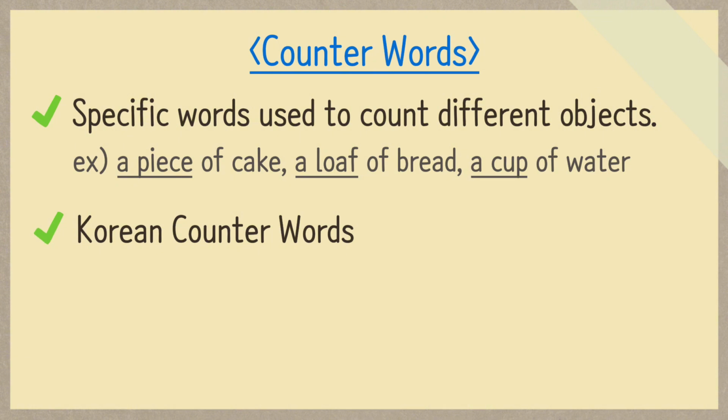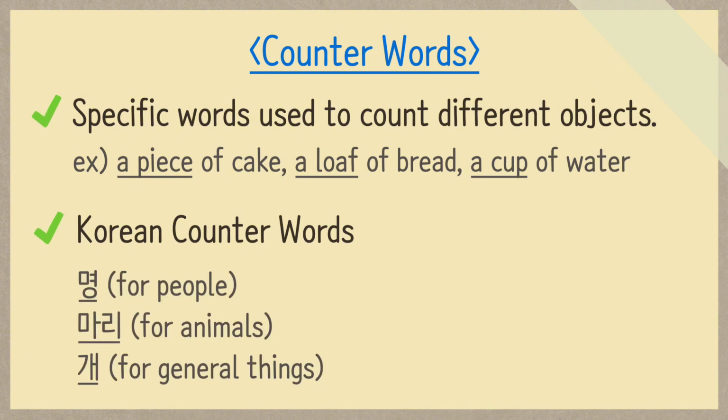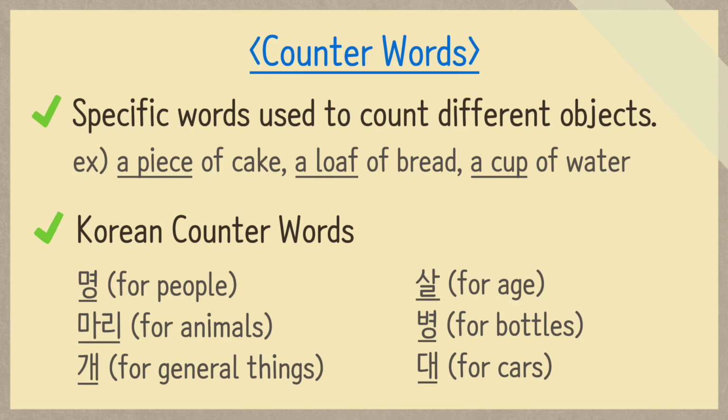Some examples of Korean counter words are 명 for people, 마리 for animals, 개 for general things, 살 for age, 병 for bottles, and 대 for cars.